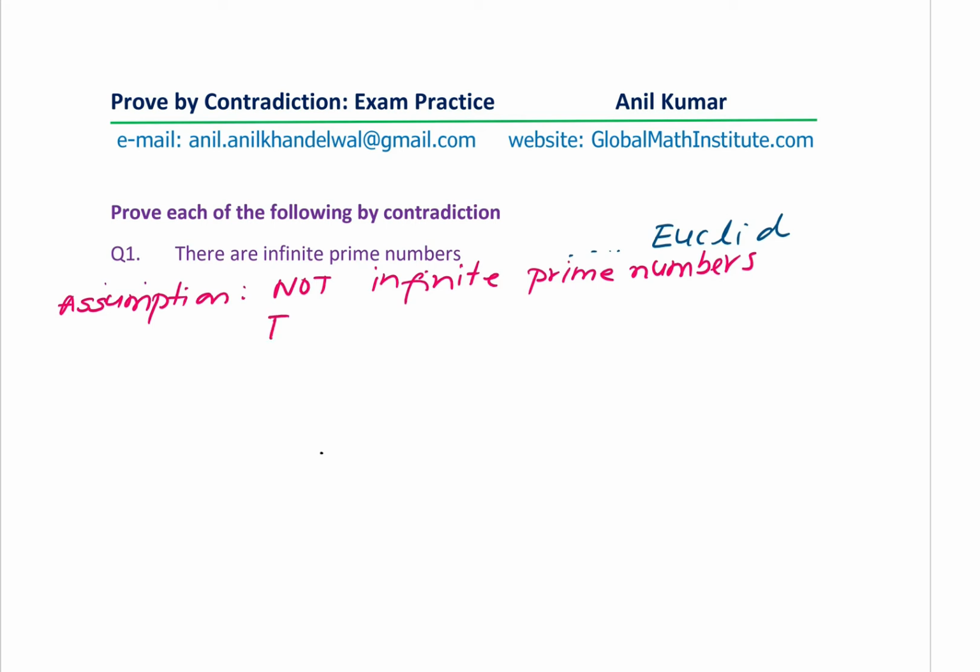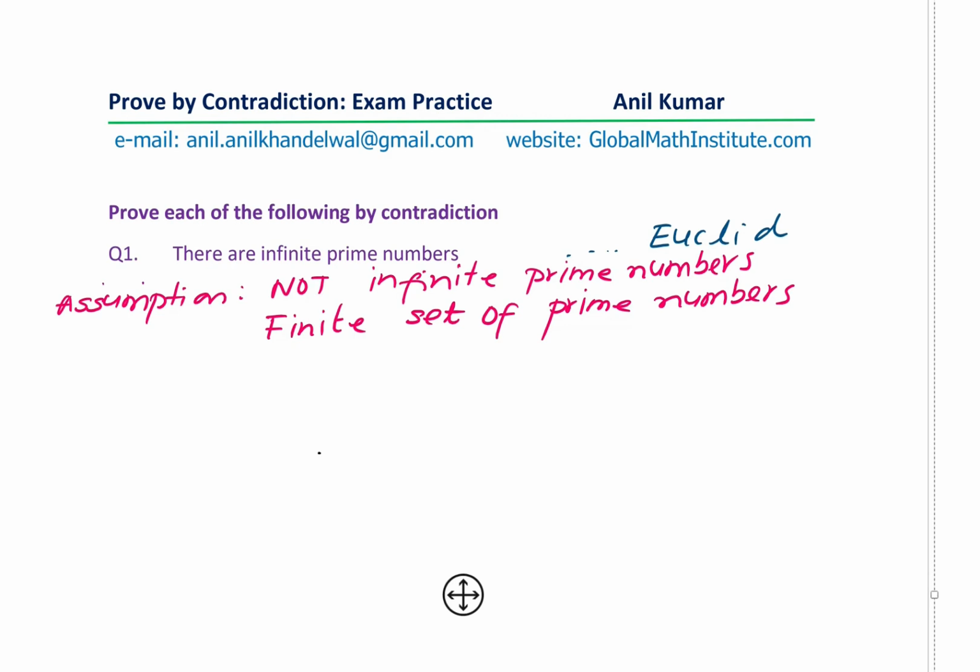Clearly, we're looking for a finite set of prime numbers, correct? So that becomes our assumption, and we'll work on this assumption. We'll say, okay, so let this set be P1, P2, P3, and so on up to, let's say, Pn. So these are a finite set of prime numbers.